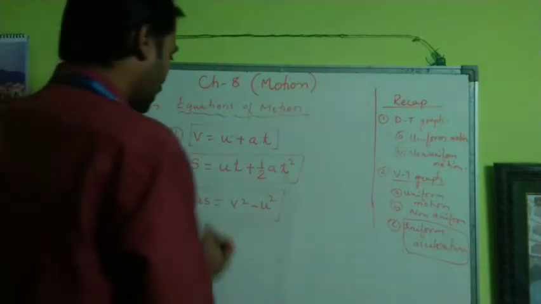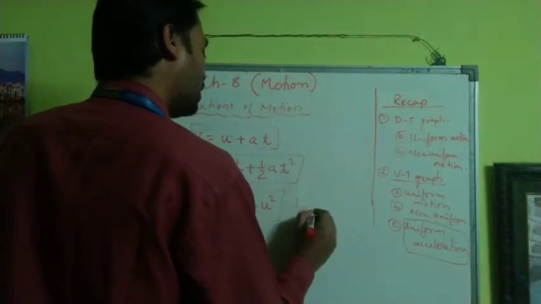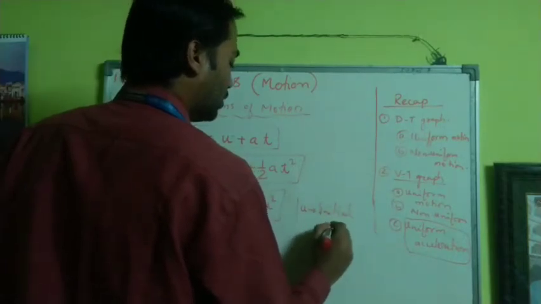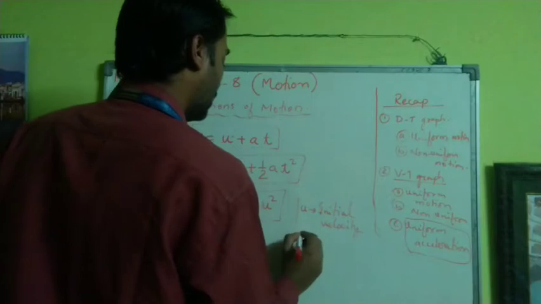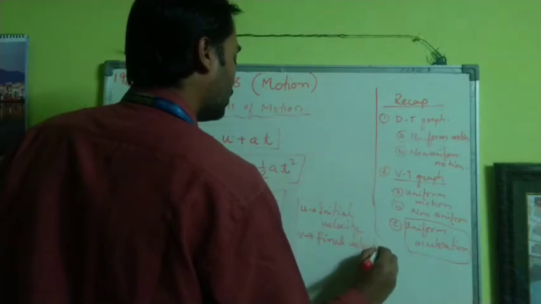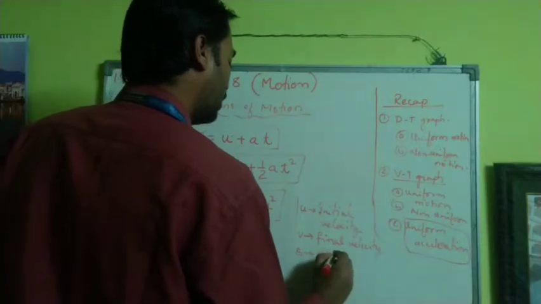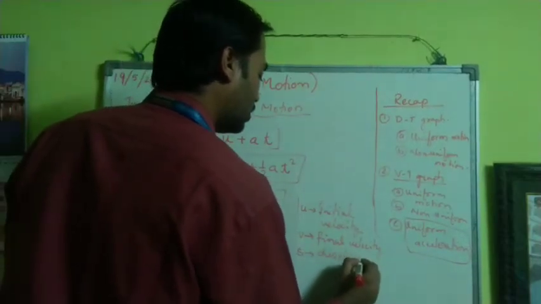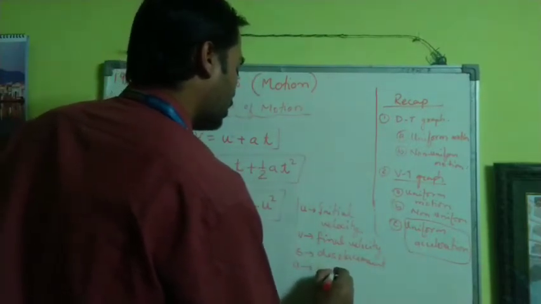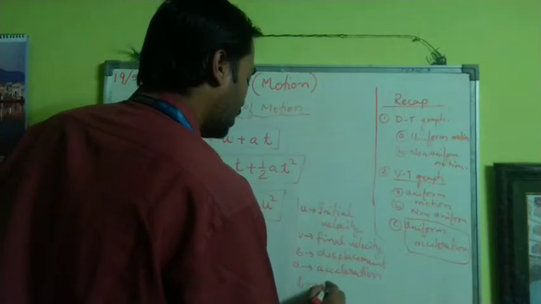Now here, u is the initial velocity, v is the final velocity, then s stands for displacement, a stands for acceleration, and obviously t stands for time.